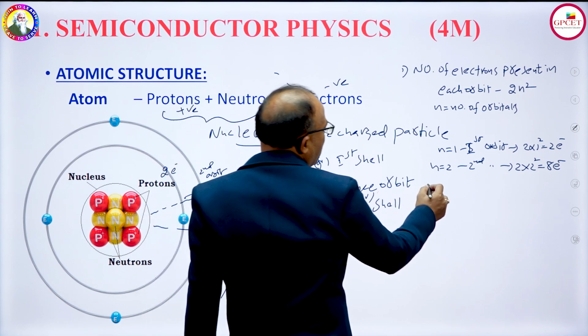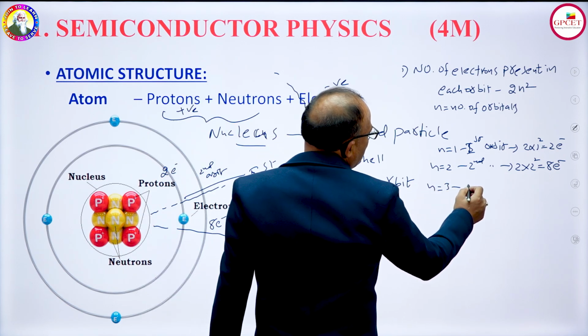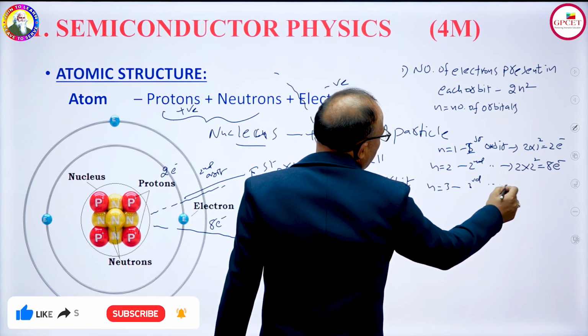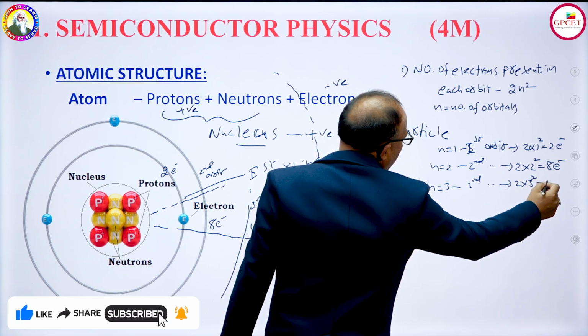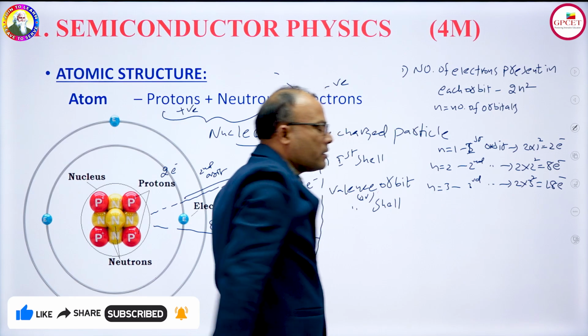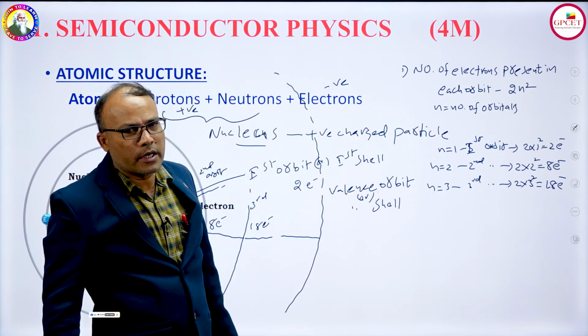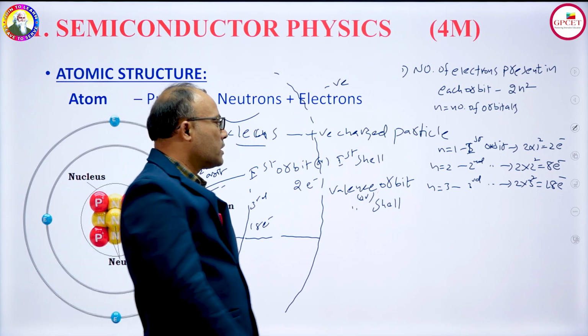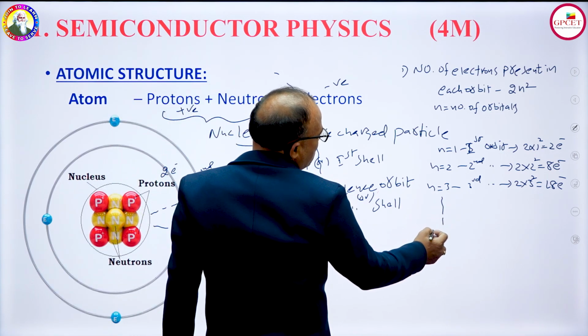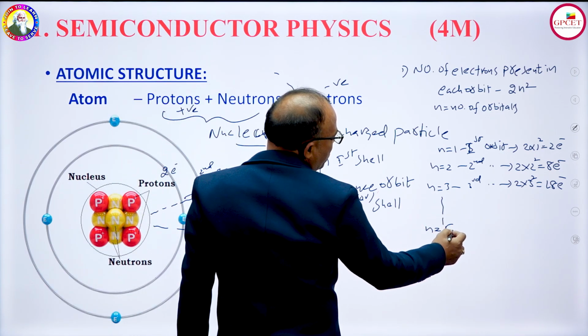Similarly, if n is equal to 3, then it is called the third orbit or third shell, where it is 2 into 3 square, 9 into 2, 18. 18 electrons are revolving around the nucleus in the third orbit. Likewise, as you move further away from the nucleus, you can take n equal to 5, the fifth orbit.